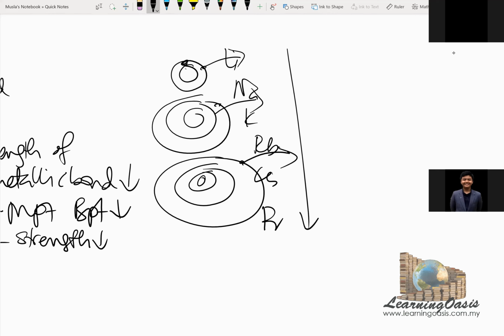This gives you a shielding effect, meaning that it's easier for the electron to be released because it's getting further and further away from the nucleus. Remember, the nucleus is positively charged. As the number of orbitals increases, there'll be shielding effect, so it's easier for the electron to be released. So as you go down, it's easier to lose electrons, meaning that electropositivity and reactivity increase.